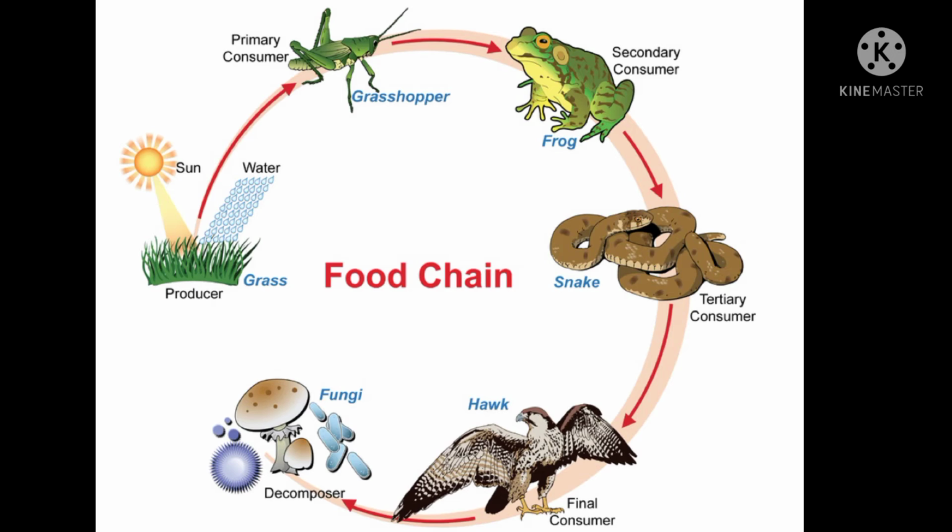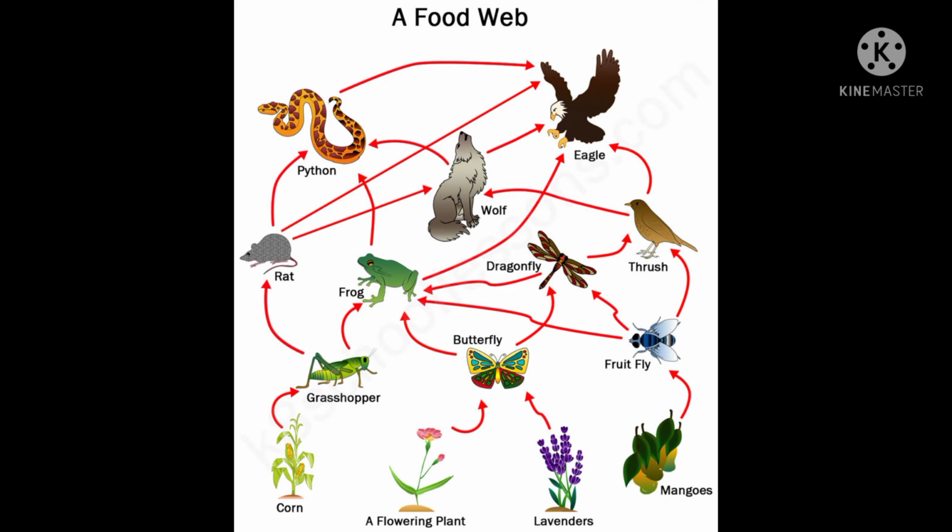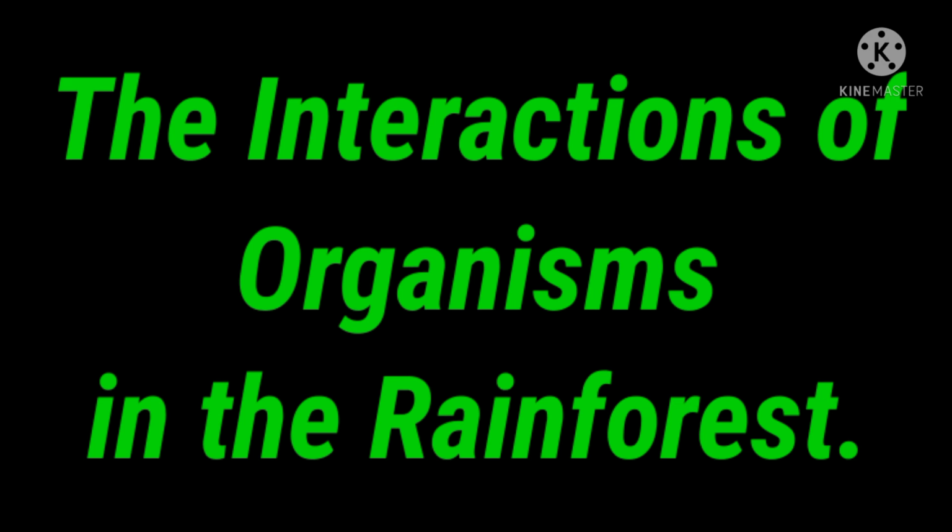A food chain starts with producers, then a series of consumers and decomposers. A food web results from interconnected food chains. These are the interactions that exist among the organisms in the tropical rainforest.